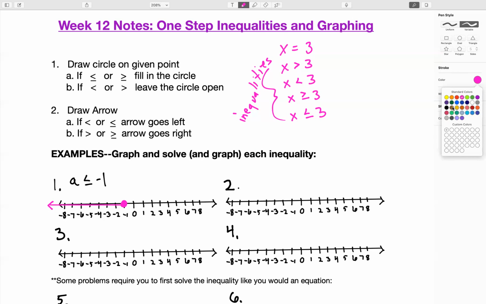Let's try number 2. V, actually, I don't want to say equals, that's an equation. V is greater than or equal to 3. So draw a circle on the given point.